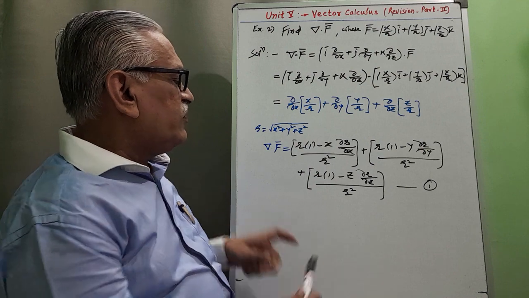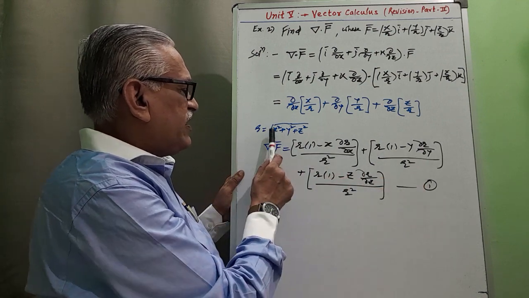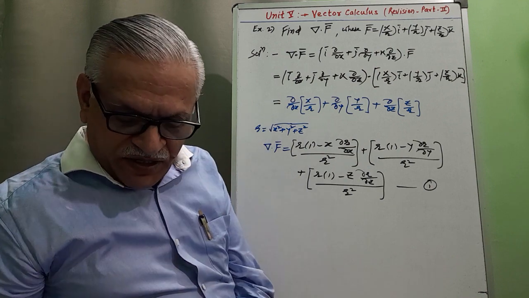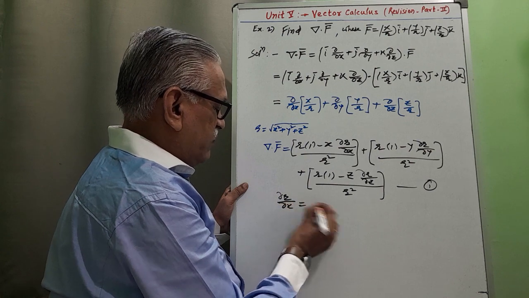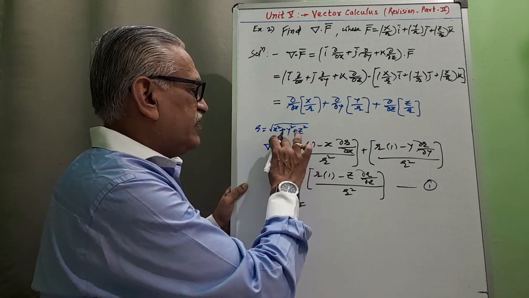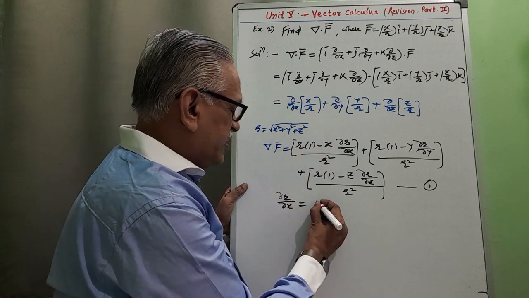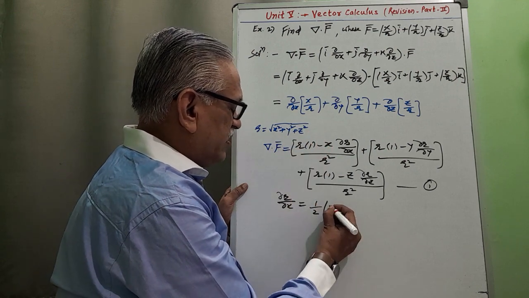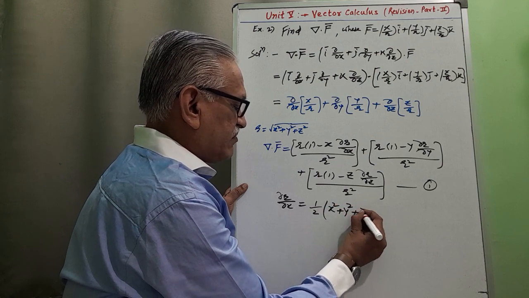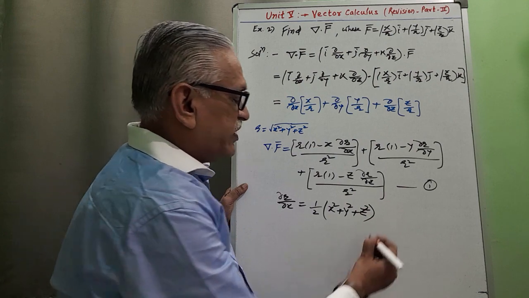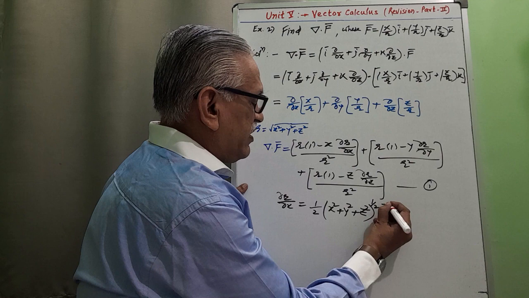Then we require to obtain ∂r/∂x, ∂r/∂y, and ∂r/∂z by differentiating r with respect to x. Differentiating r with respect to x, this is nothing but x square plus y square plus z square raised to 1 by 2. Therefore, its derivative is 1 by 2 into x square plus y square plus z square raised to 1 by 2 minus 1.